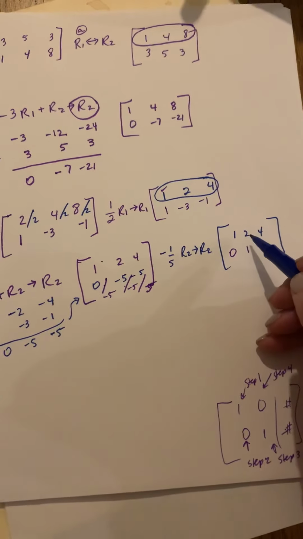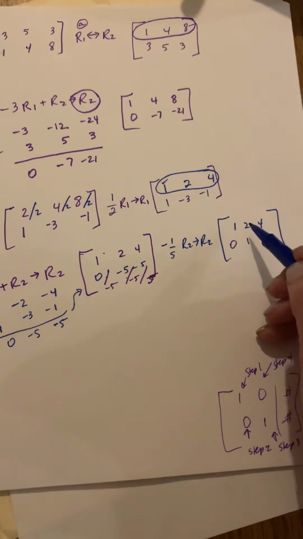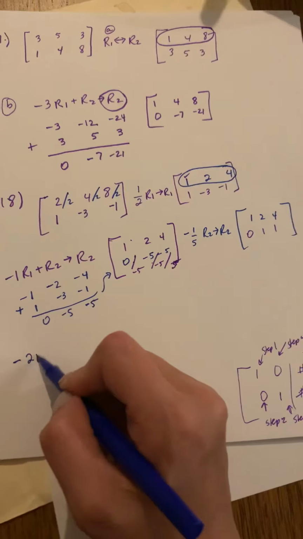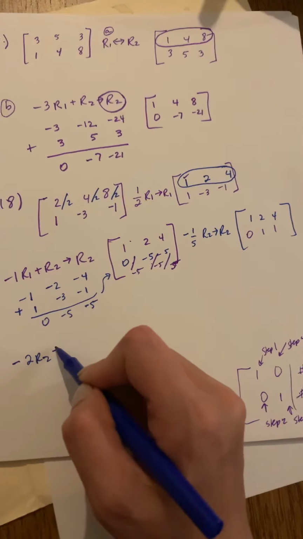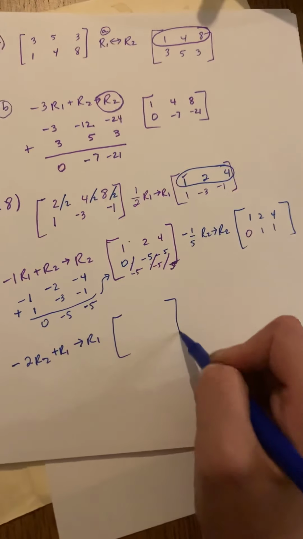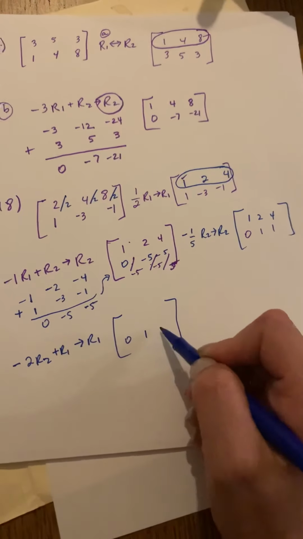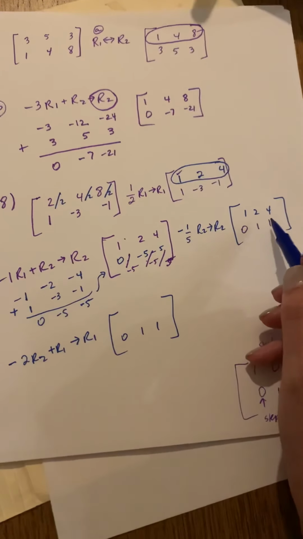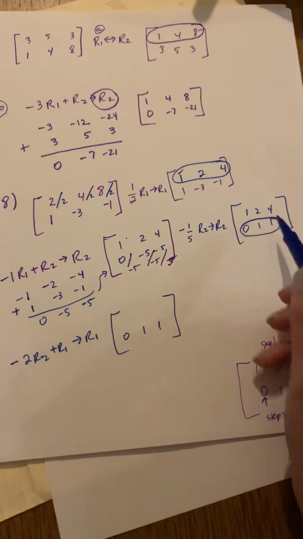Now I need to get that to be a 0. So I do multiply and add to get zeros. I'm going to multiply by -2 row 2 plus row 1 will give me the new row 1. Row 2 stays exactly the same, 0, 1, 1. Now I'm going to multiply all of row 2 by a -2.